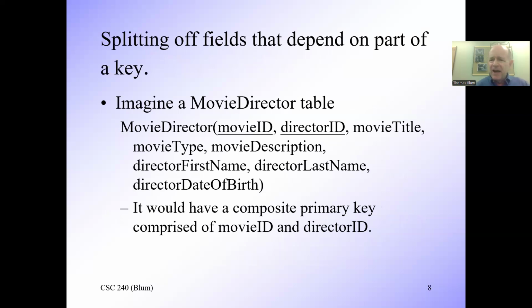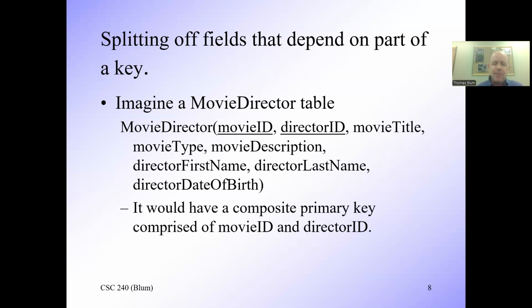So let's imagine I have information about directors directing movies. I have some table with this information, and I might have some ID that identifies the movie and some ID that identifies the director. Then I have all the other information: the title of the movie, the type of the movie, the description of the movie, maybe year of release, that's not here but it could be, the director's first name, last name, date of birth, country of origin, all sorts of things.